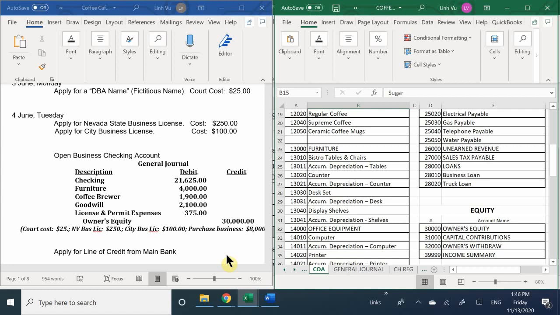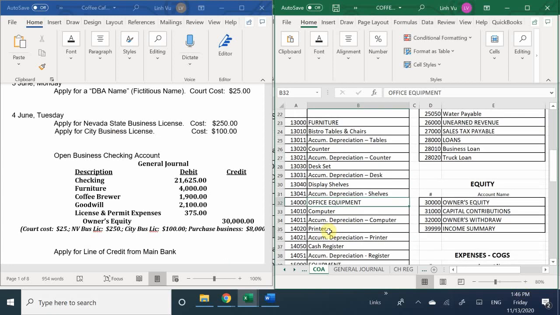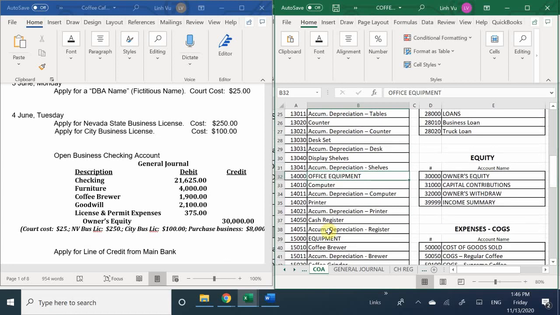What about our coffee brewer? What is a coffee brewer? What type of account is a coffee brewer? Okay, let's look at office equipment.